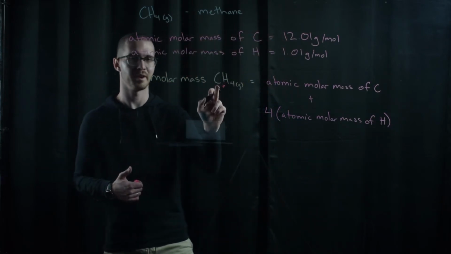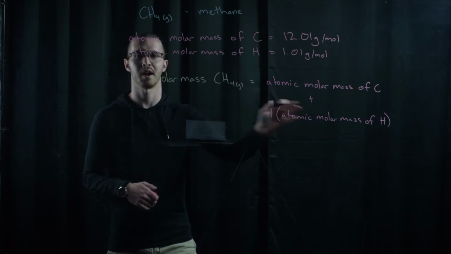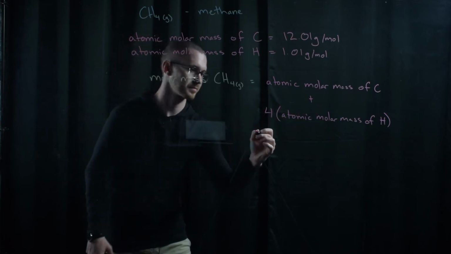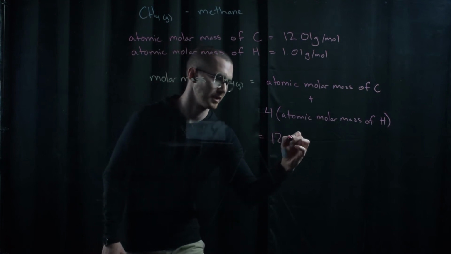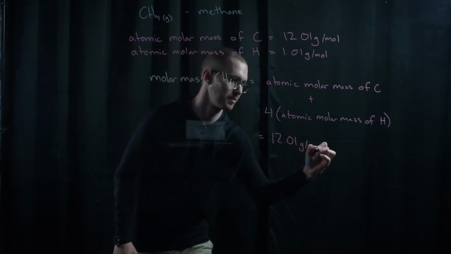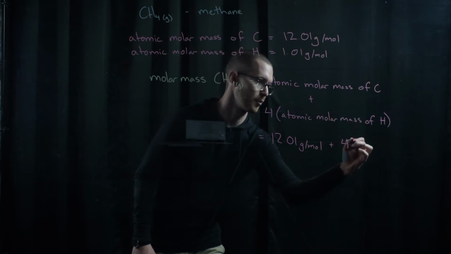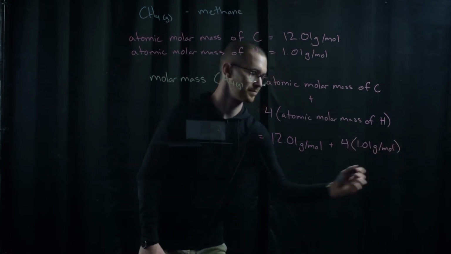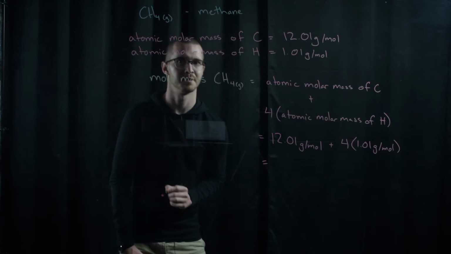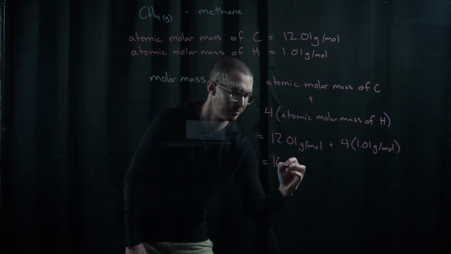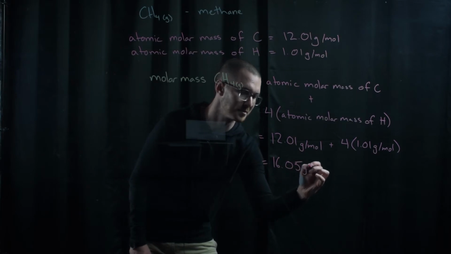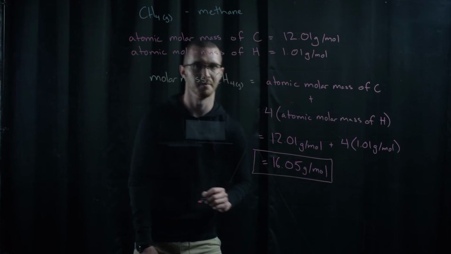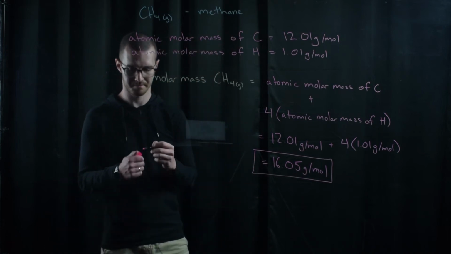So we have 1 carbon plus 4 hydrogens, so this is our equation. So that should end up being 12.01 grams per mole plus 4 times 1.01 grams per mole, which should equal out to be 16.05 grams per mole. So this is the molar mass of methane.